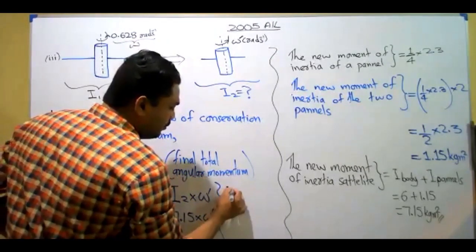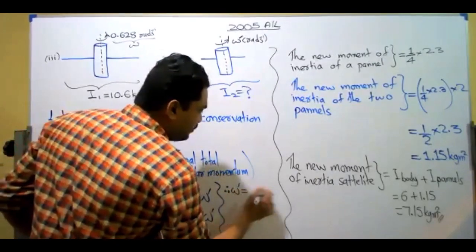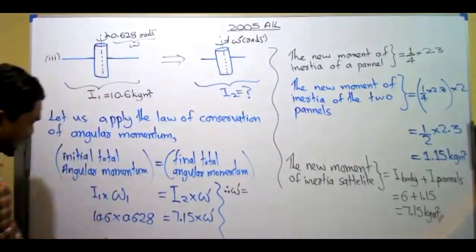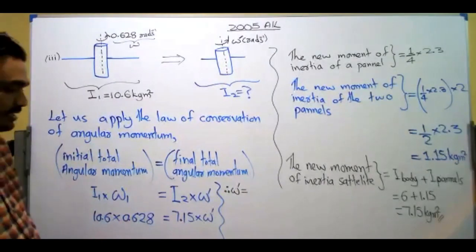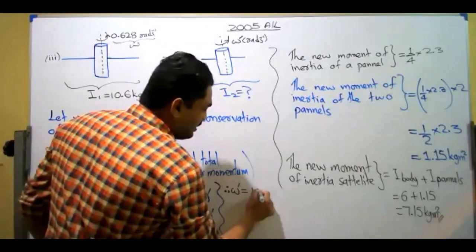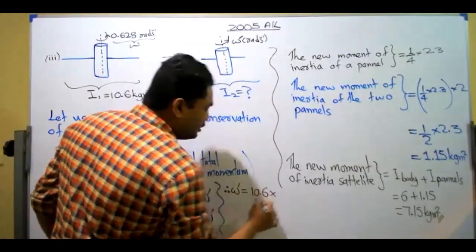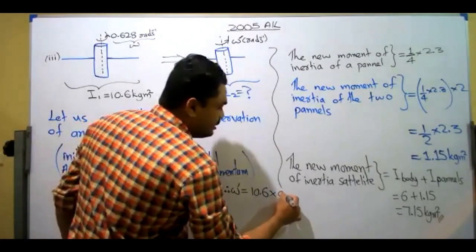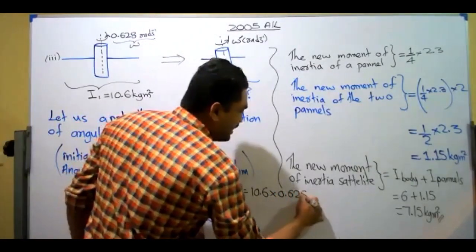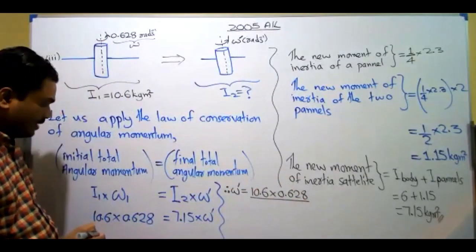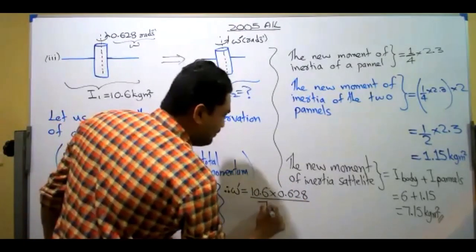So therefore omega dash equals 10.6 into 0.628 divided by 7.15.